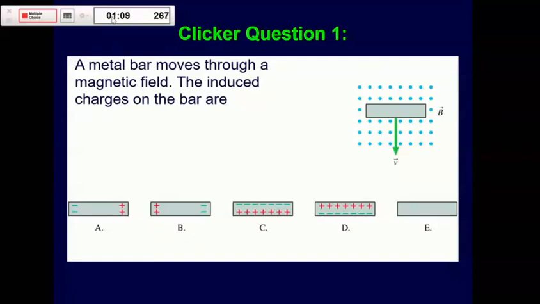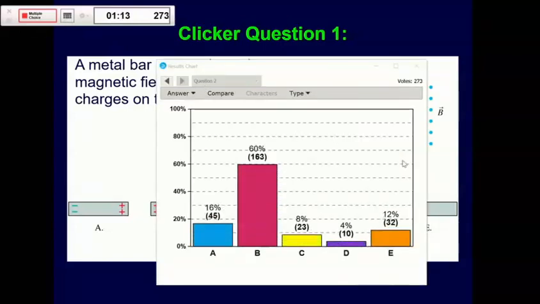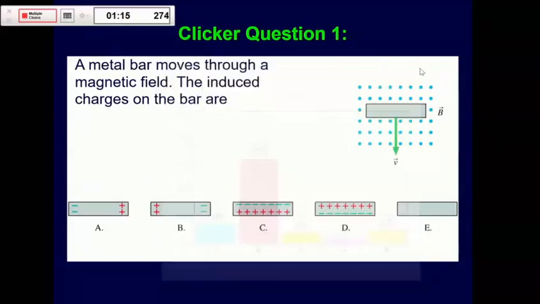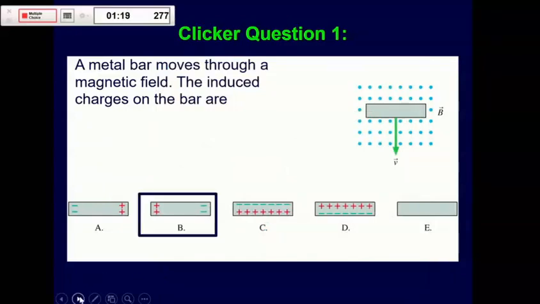Okay, so I think most of us have voted here, and I do agree with the majority. B is the majority here, and I agree with that. So if we take this, this is the flat right hand rule. The good news is by doing this, we're getting practice for our magnetism stuff. We take our flat right hand, our thumb in the direction of the velocity, which would be down, and my fingers point in the direction of the magnetic field, which would be out towards you guys.